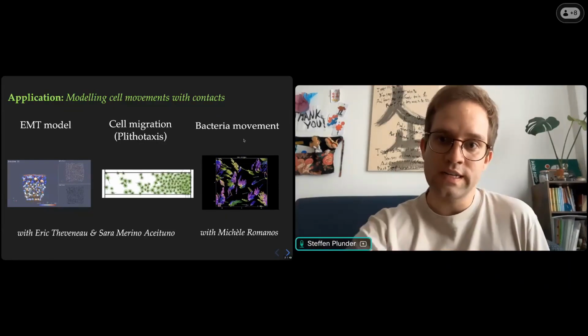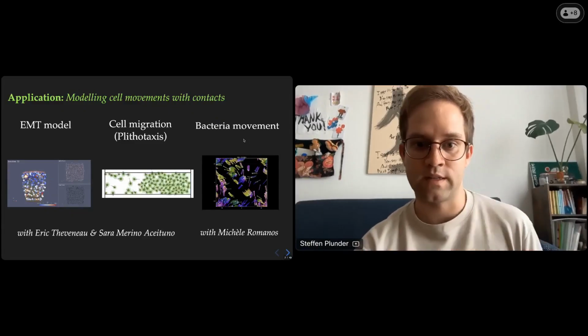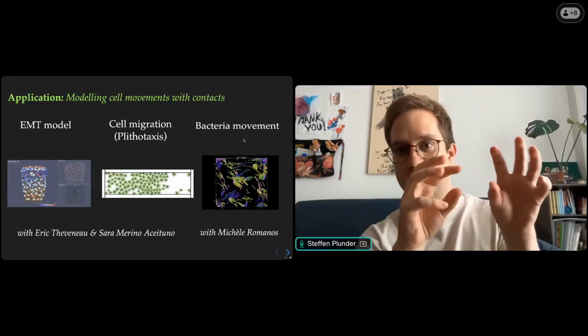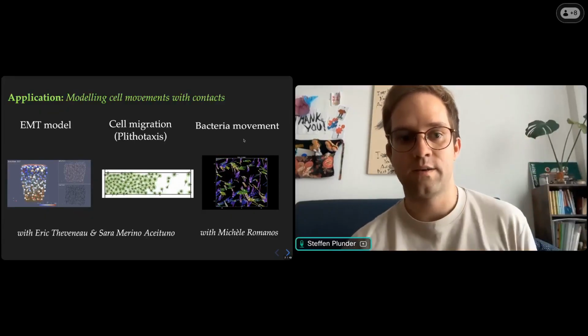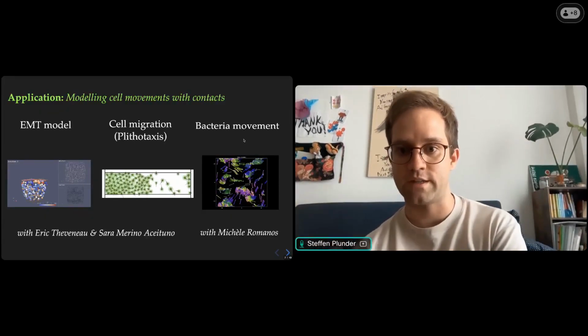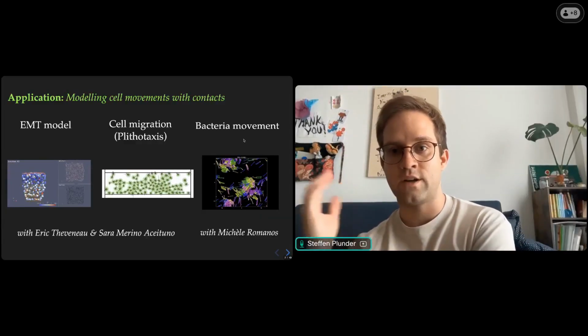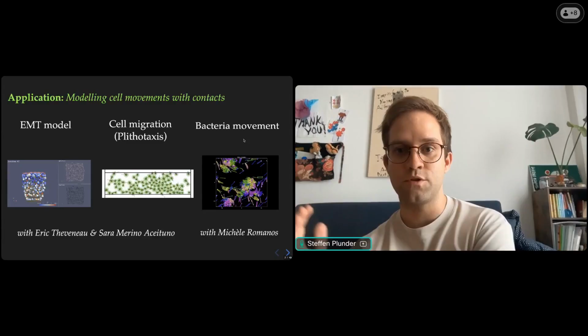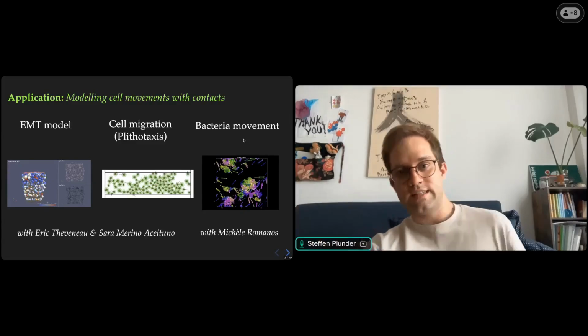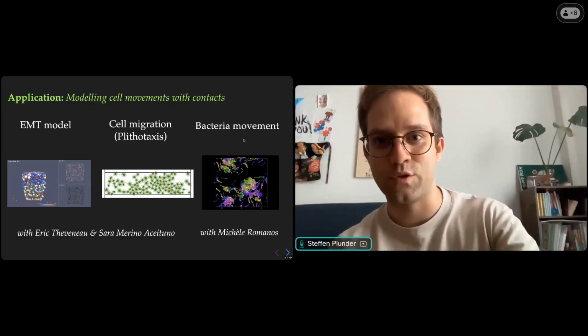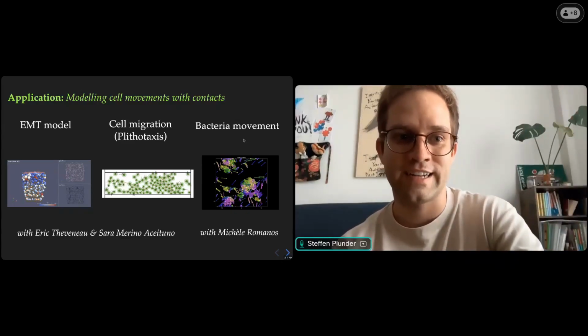What all these three different models have in common is that they are locations where there are a lot of cells packed, so it's high density and high pressure. And this is where the non-smooth dynamics comes in. To give a little bit of a teaser, I was thinking, what does non-smooth dynamics have to do in a seminar on nonlinear dynamics?